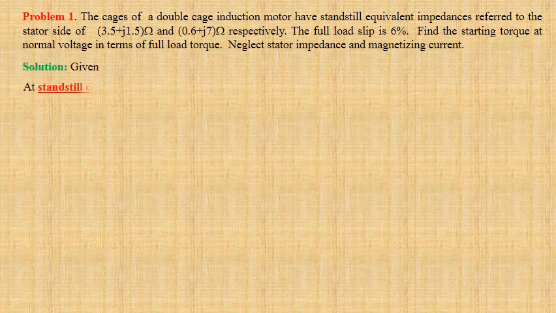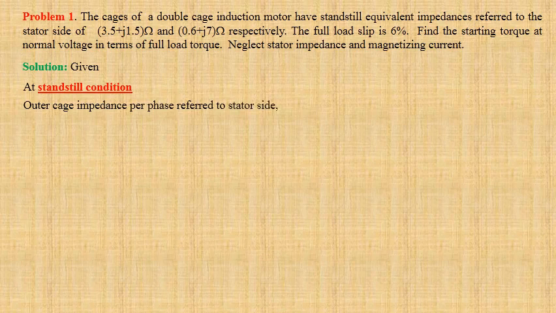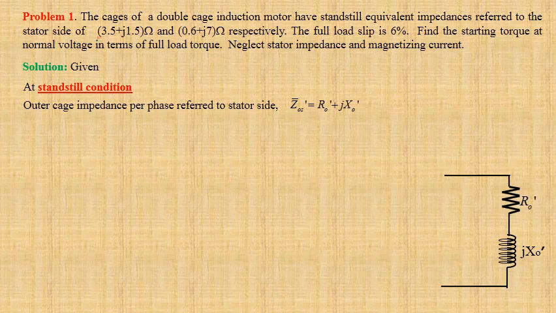At standstill condition, outer cage impedance per phase referred to stator side ZOS' equals RO' plus jXO', that is equal to 3.5 plus j1.5 ohm. This may be written in polar form as 3.8079 ohm at an angle 23.1986 degree.